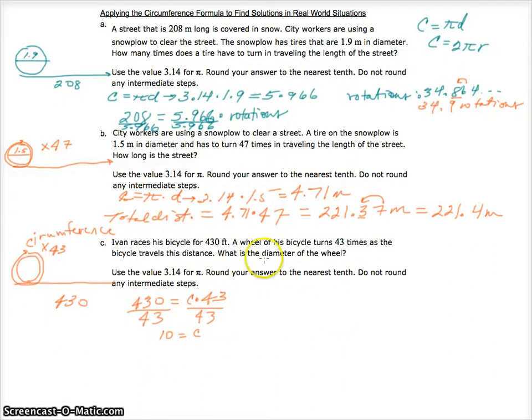Since I know my circumference and it's asking me to find my diameter, I need to use my circumference formula. C equals pi d.